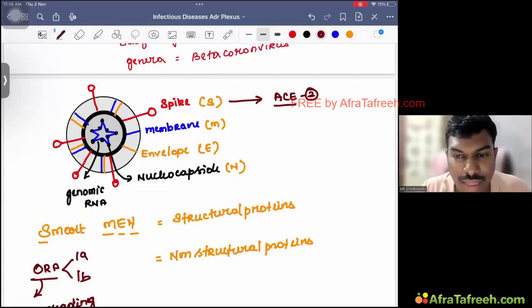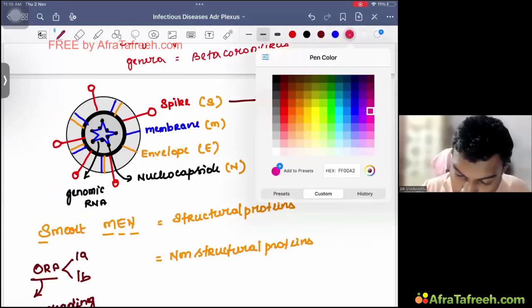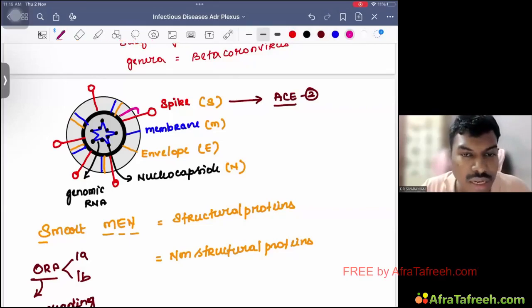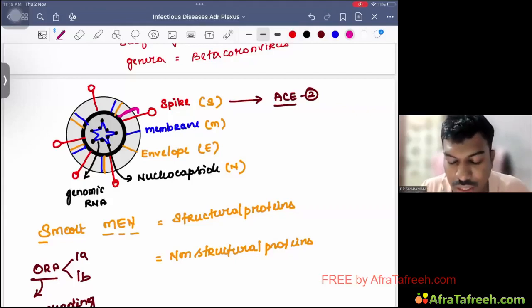This is aided by another protein present here, which aids the attachment, like a sister helping the brother get attached to ACE2.